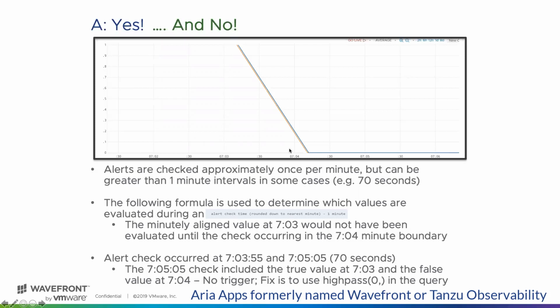So when it checked at 7:03 and 55, it did not see this false value because that came up within that current minute of being checked.